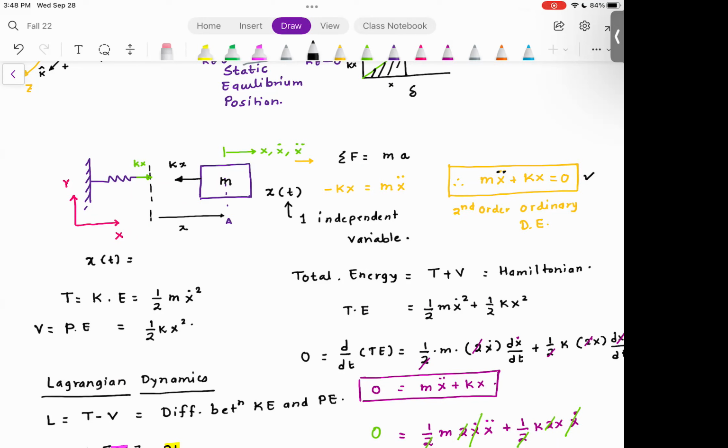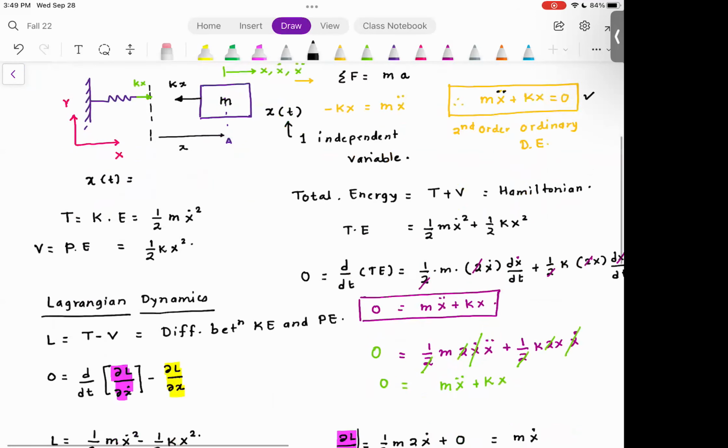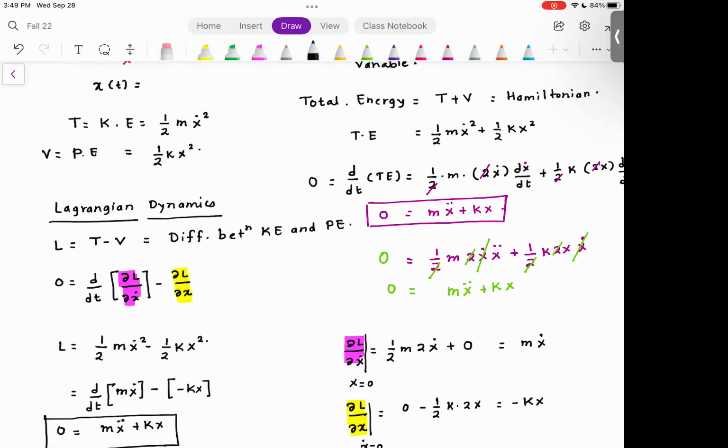Once I have the potential energy and the kinetic energy, I would form the Lagrangian L and run MATLAB code that will perform this jugglery. At the end, MATLAB will give me this expression.